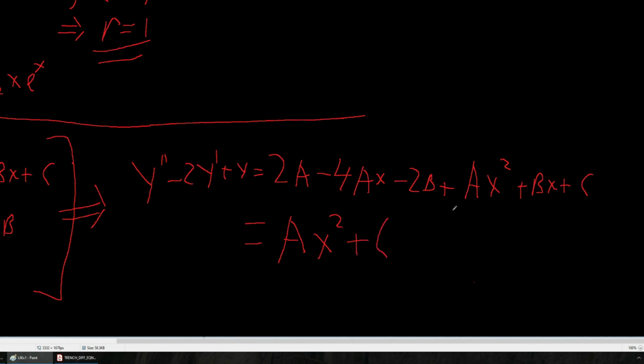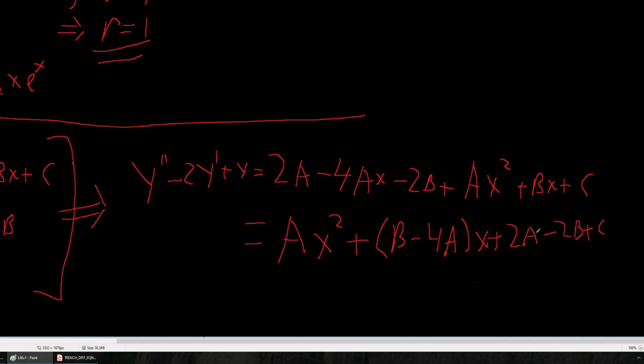And for my x terms, here I have a minus 4a, and here I have a b. So I'm going to write this as b minus 4a times x. And then I have a constant term, which I'm going to write as 2a minus 2b plus c.